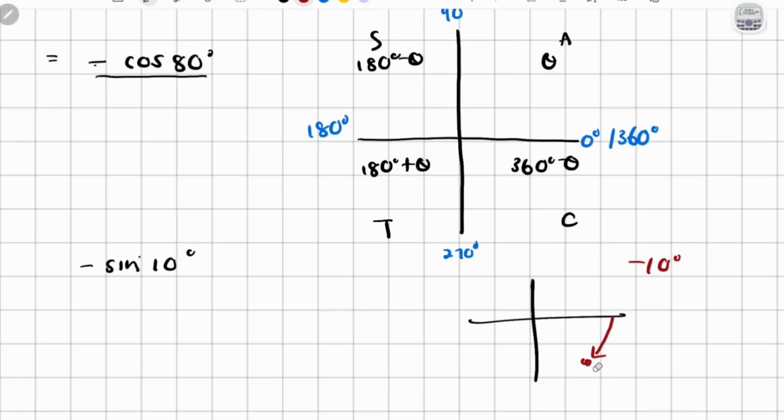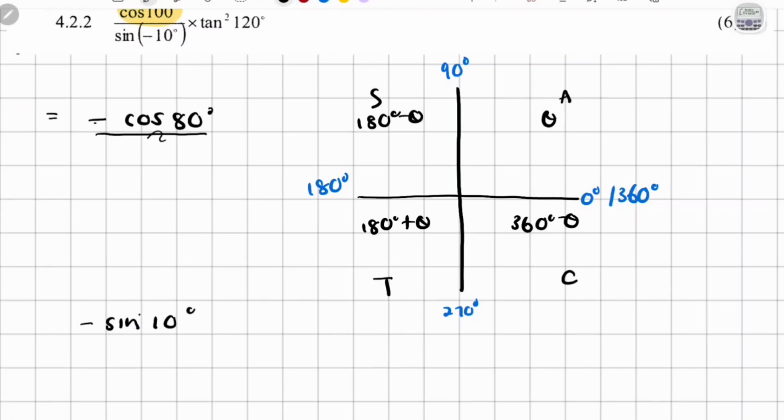So already it's in cos's quadrant and its reference angle is 10 degrees. Sine is negative in this quadrant. And that's how you know that your function will be negative and you'd still have 10 degrees. Okay, so that's another way of looking at that. But all in all, we know that this becomes negative sine of 10 degrees.